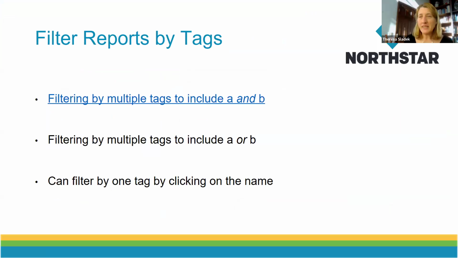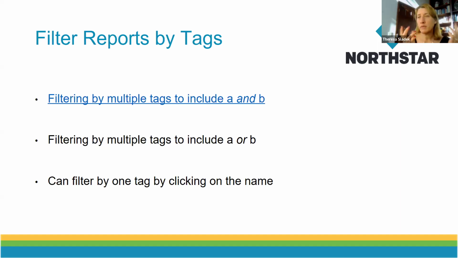So why do we add the tags? It's to enable us to run these sub-reports. And so you can either run a report just on one tag, or you can do multiple tags. So maybe I as an instructor teach several classes, and I want to know people who are both in my email class and my Word class.